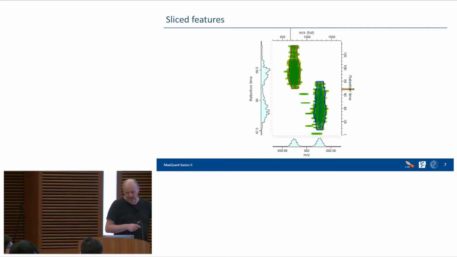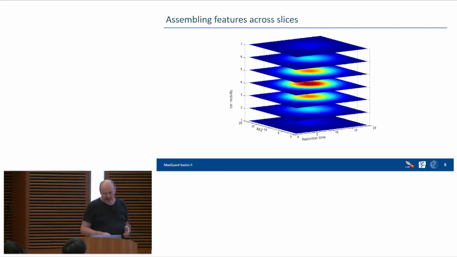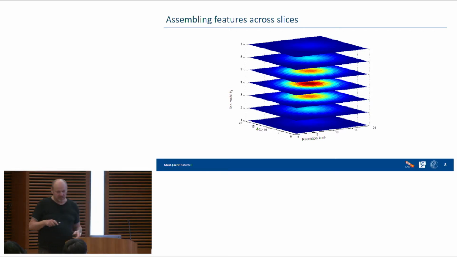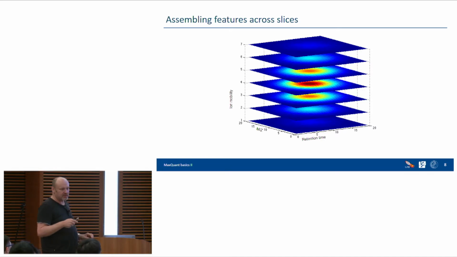Then we have all of these shapes in all of these slices, and now we have to stitch them together in the ion mobility direction. So these shapes are aligned in ion mobility direction, and then there's an algorithm that looks, in the next slice, is there a feature within a certain tolerance, and then these will be bundled together into these 4-dimensional peaks.